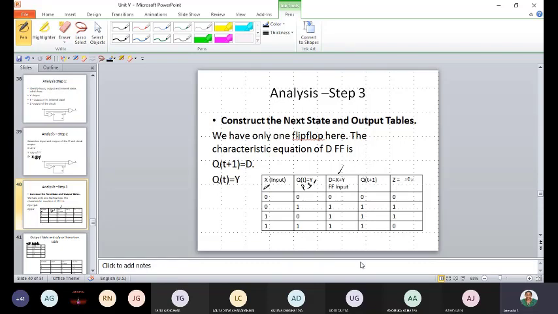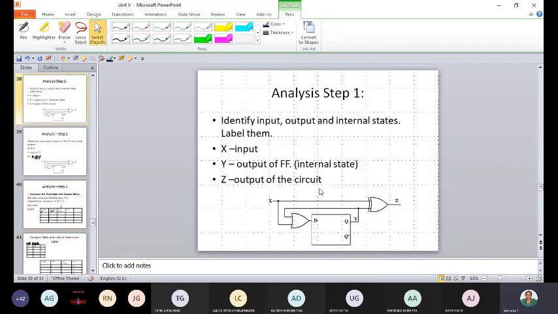So during the next clock transition, Q of T plus 1, what will be your Y? Otherwise, I can call this Y plus, the next state of your flip-flop. This is Q of T plus 1, and it is the same as D, because this is a D flip-flop.